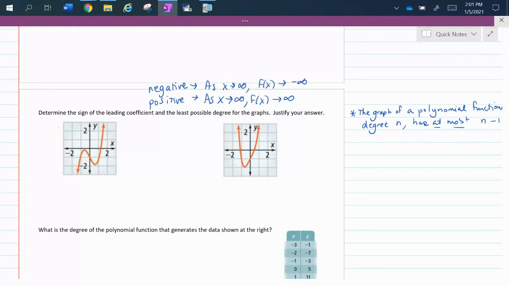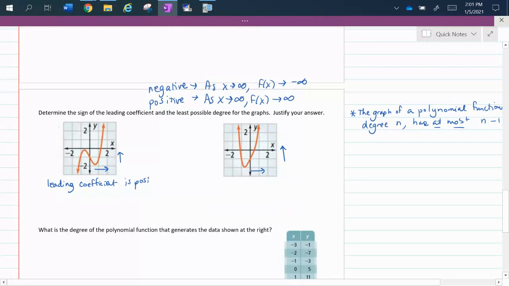So I'm looking at both of these graphs, and I see that as x approaches infinity, the graph is going up forever, both times. So that means that the leading coefficient for both of these examples is positive.